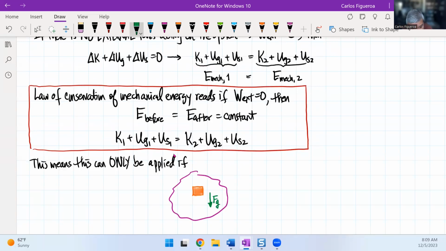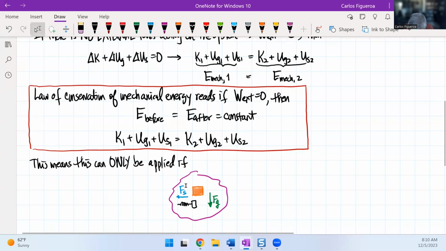If I have a force of gravity, that means I include the Earth in my system, then I can use mechanical energy. If I have a spring force in my system, I can include that and still use conservation of mechanical energy. So this is only valid. If I use friction, it won't work. If I use any other force, it will not work. These are the conditions right here.